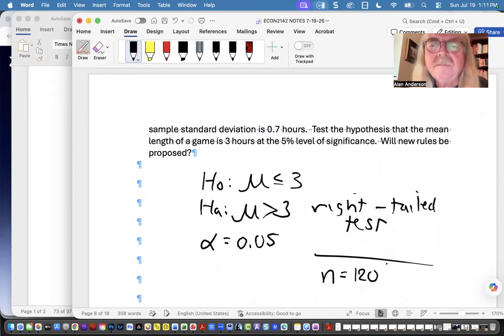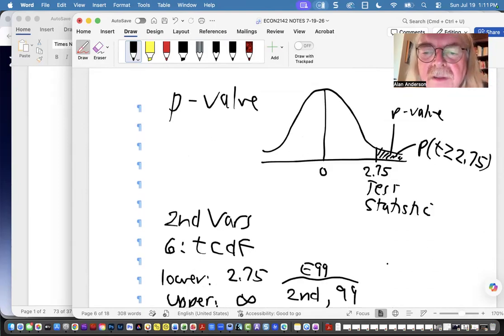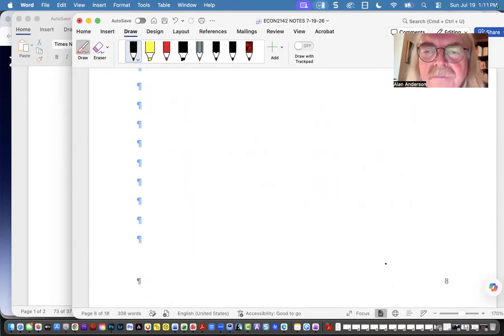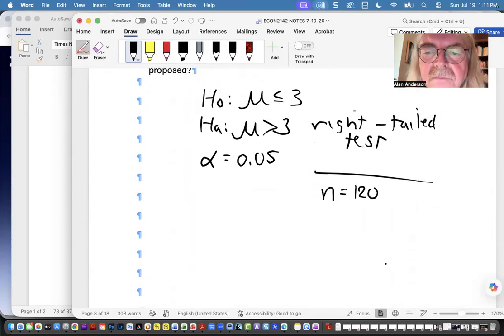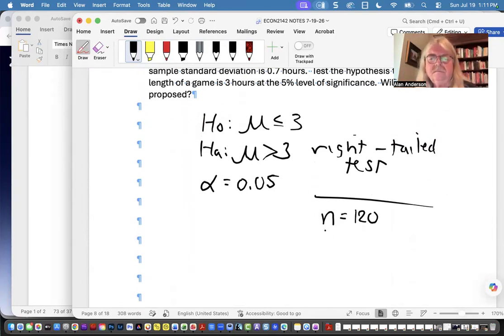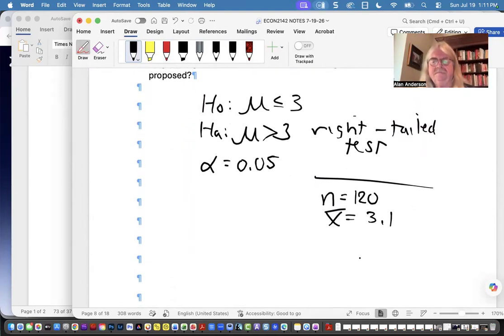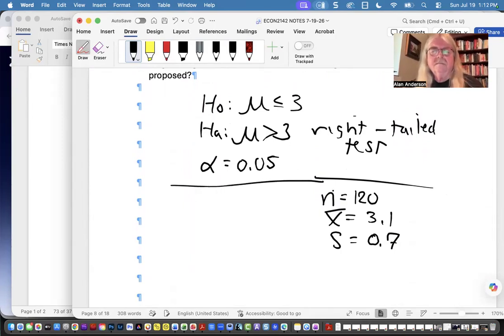X bar is 3.1. And the sample standard deviation is 0.7. All right, here's our test statistic. Oh, by the way, of course, this is the sign to use t.